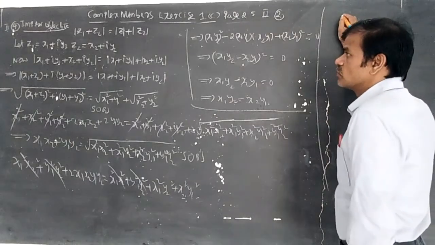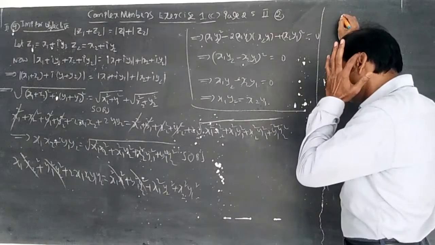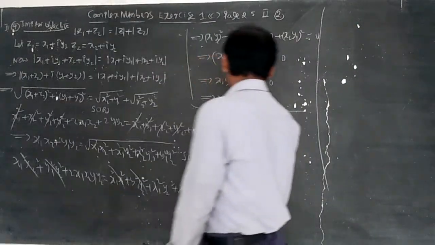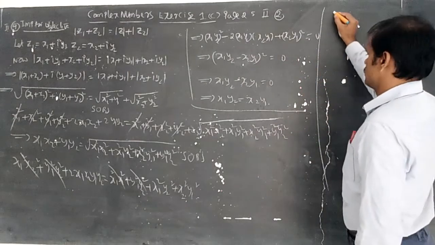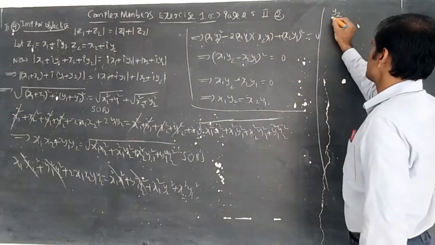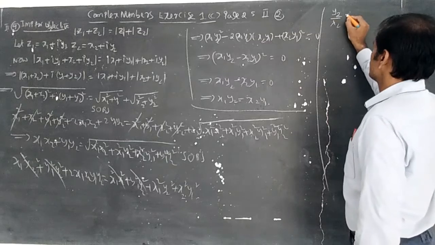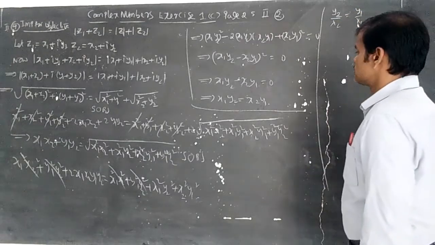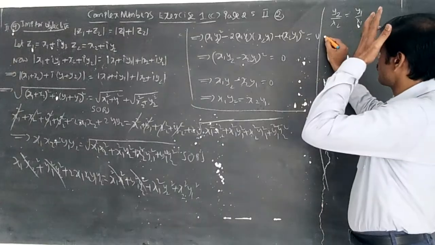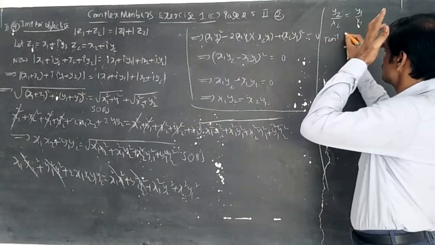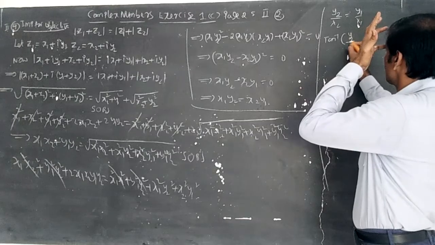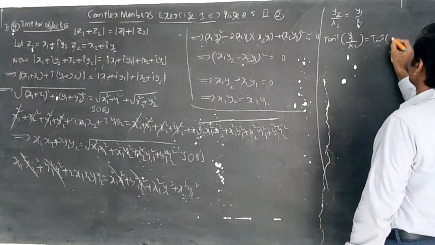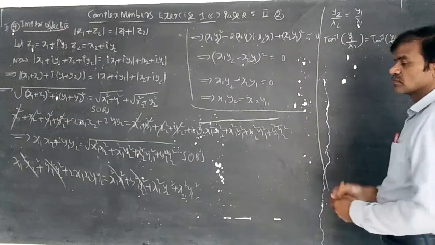So here we should prove argument z1 minus argument z2 is equal to 0. You write here y2 by x2 is equal to y1 by x1. You can apply tan inverse both sides. Tan inverse of y2 by x2 is equal to tan inverse of y1 by x1.